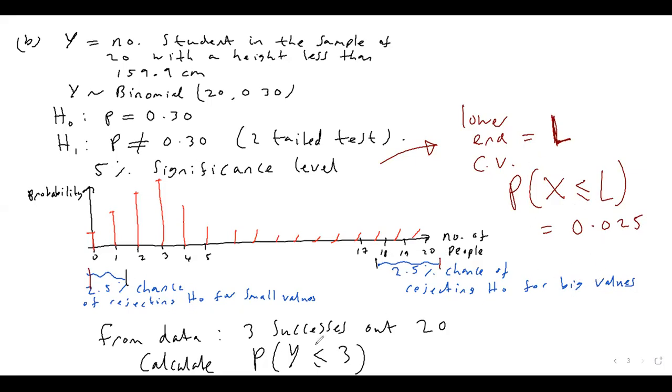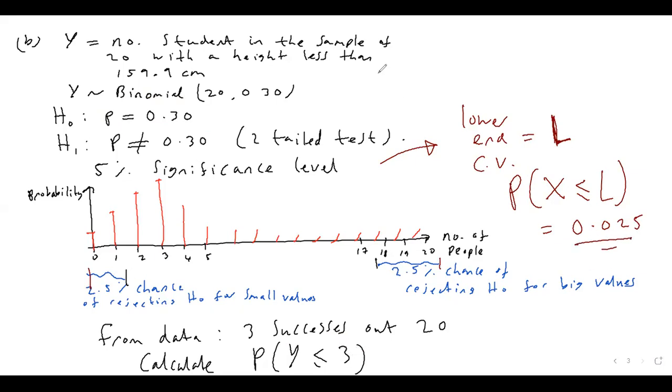So if this probability of getting 3 successes or less is bigger than 2.5%, then the probability is too big to reject H0. It's too likely to get 3 or fewer successes. So we can't reject H0, because the chance of getting 3 successes is bigger than the significance level.